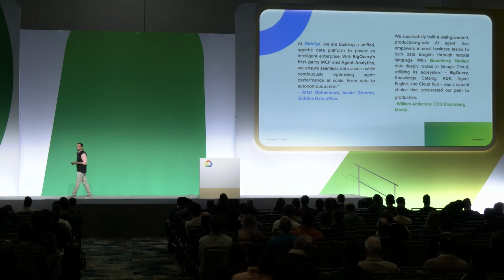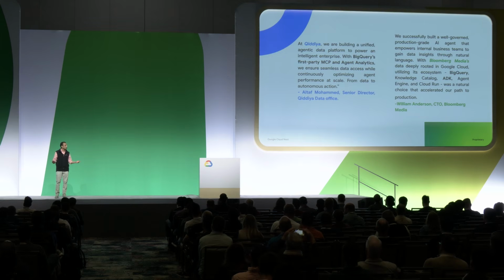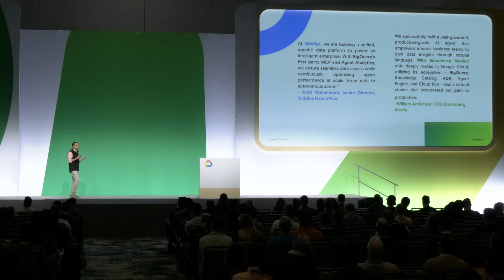We also have Bloomberg Media, who are not just utilizing BigQuery capabilities, but many other Google Cloud capabilities to actually build data agents and empower their internal users with natural language questions and answers.